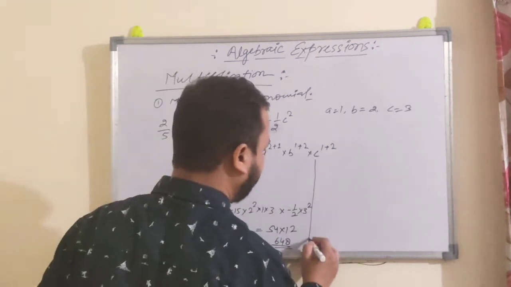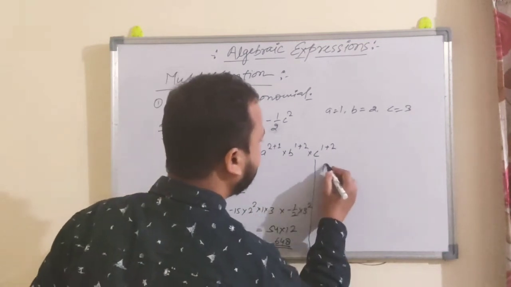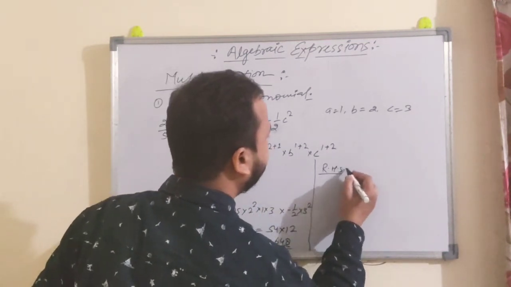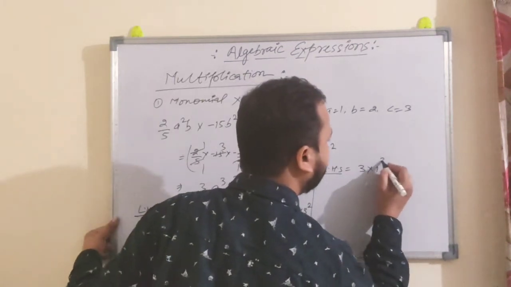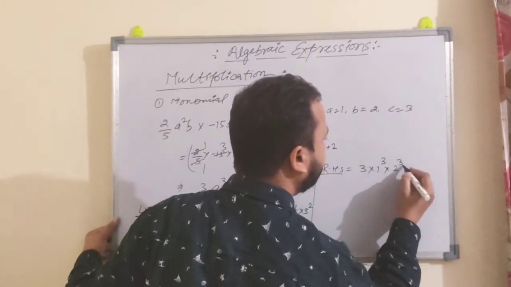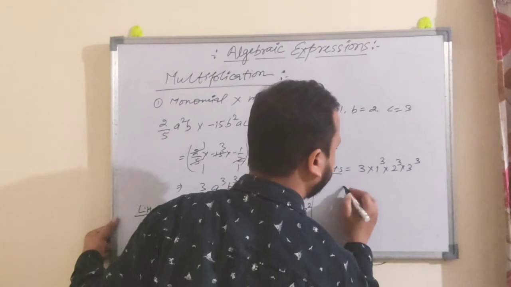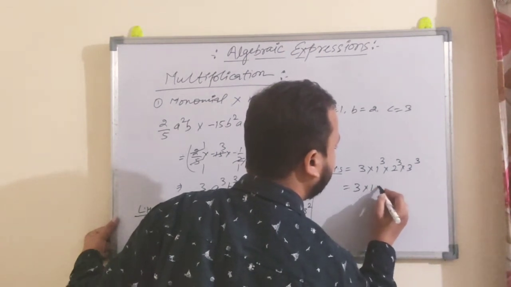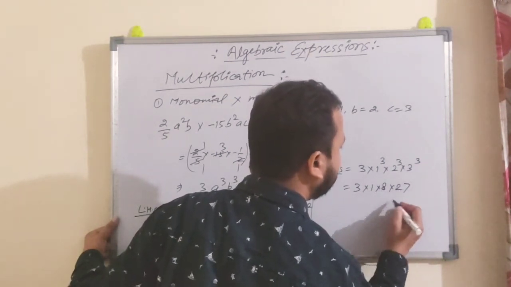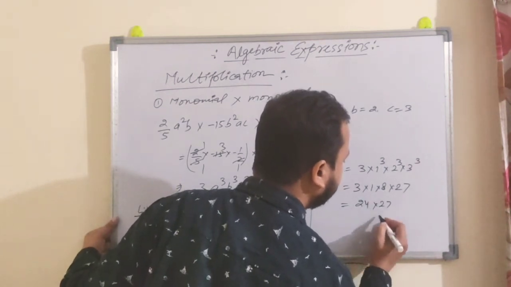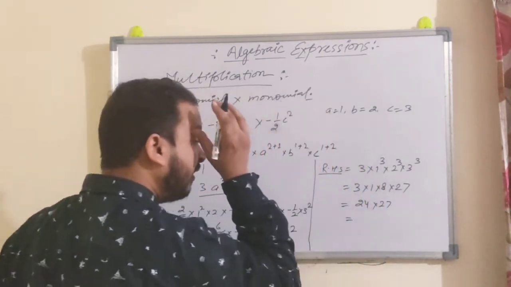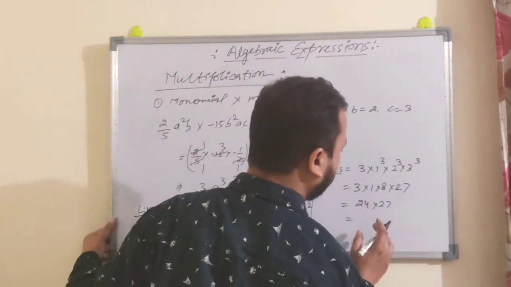This value we have got in LHS, and in RHS we have 3a cube, means 1 cube, 2 cube and 3 cube. So 3 into 1 into 8 into 27, 8 3 ja 24 into 27. Now we have to multiply it.